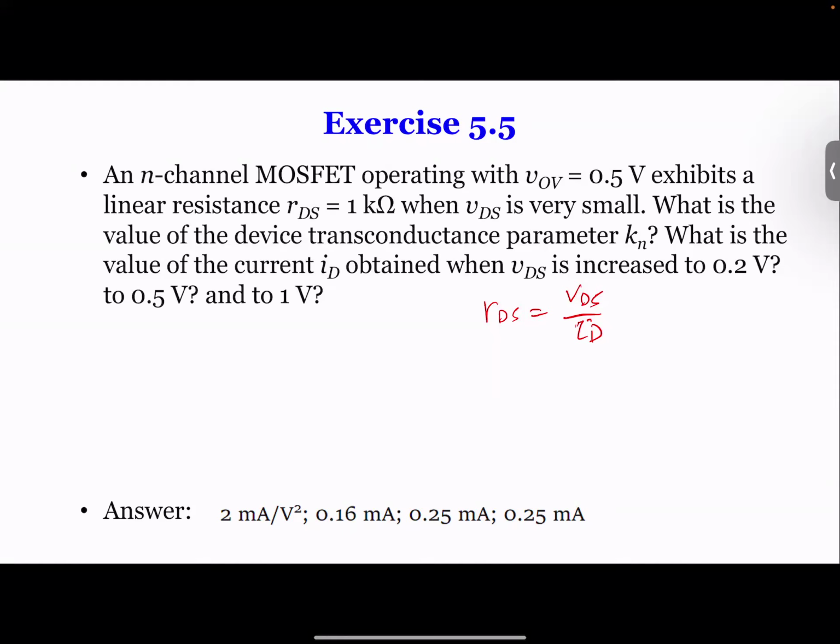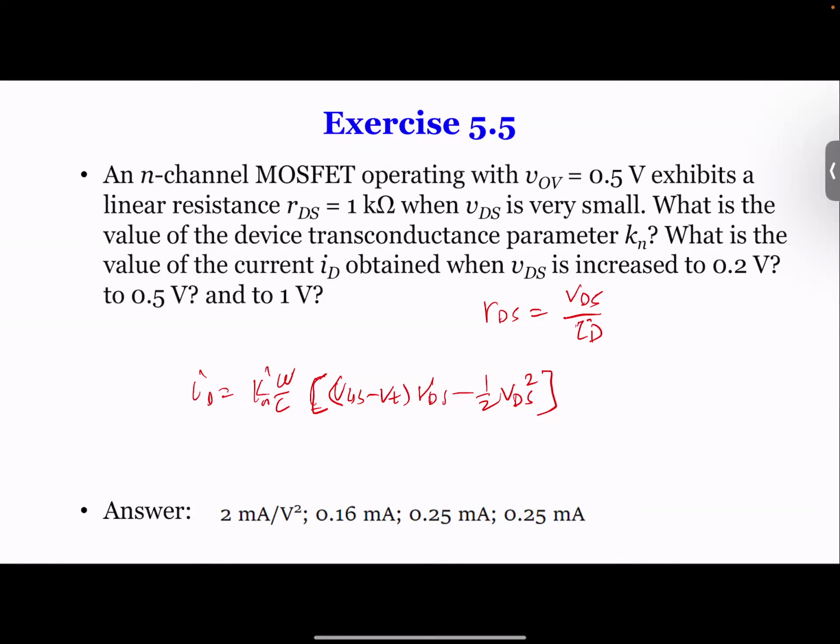So in triode mode, you're going to have the equation saying ID equals Kn times (VGS minus VT) times VDS minus 1/2 VDS squared. You're going to use an equation like this.